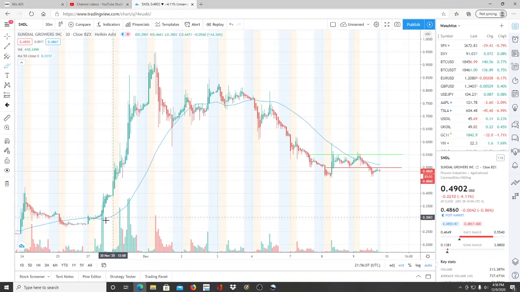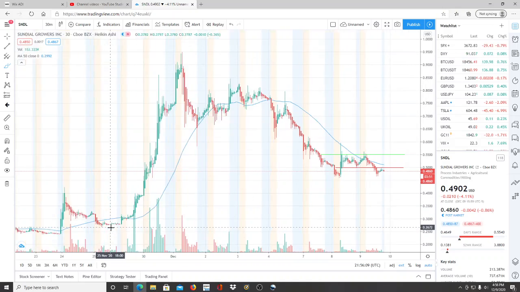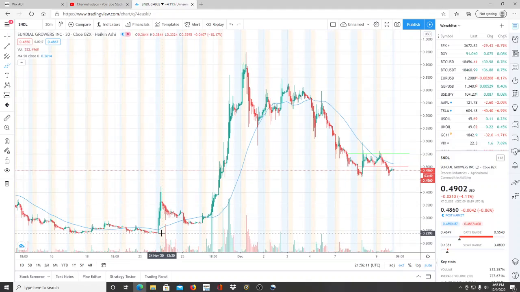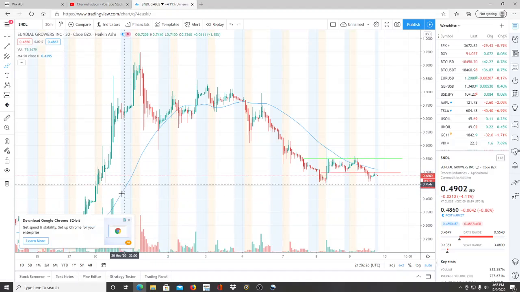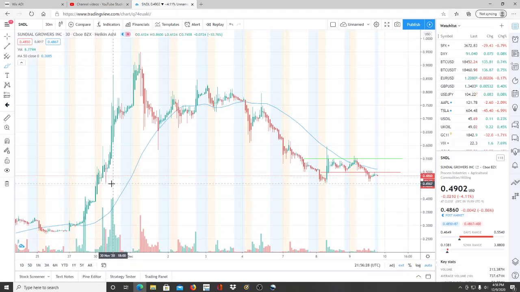SNDL has run up from about these lows down here of about 23 cents, leveled off, and then ran up from 27 cents upwards. Right now, the lowest support after these highs and this bearish run is 46 cents, and it's doing really well to stay above it. It's super important that the bulls continue to hold this up, but every time they're getting closer and closer.